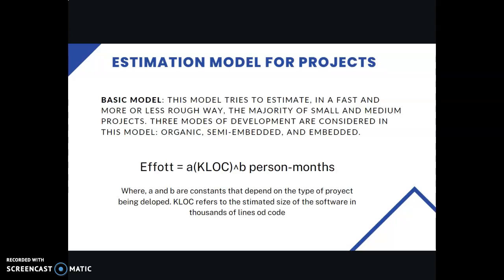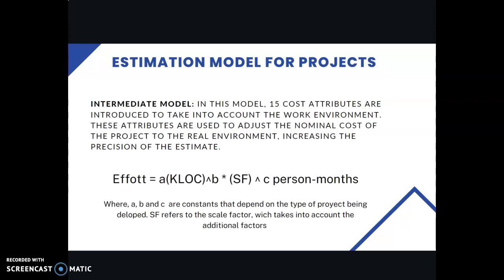This is the formula to estimate the effort in this model. We can see some important aspects in this formula, where A and B are constants that depend on the type of project being developed. KLOC refers to the estimated size of the software in thousands of lines of code.